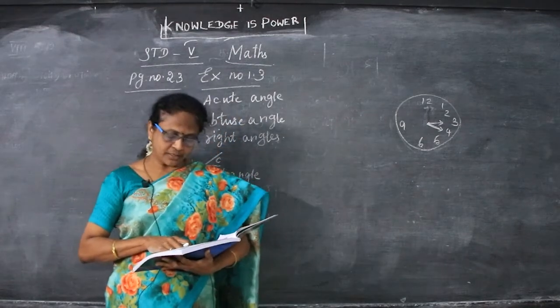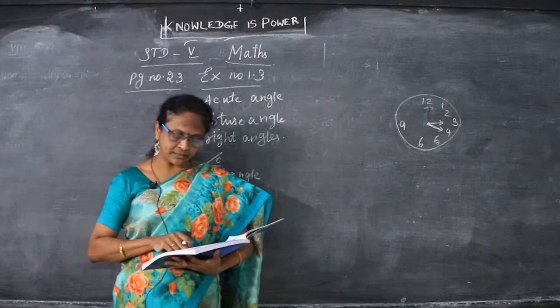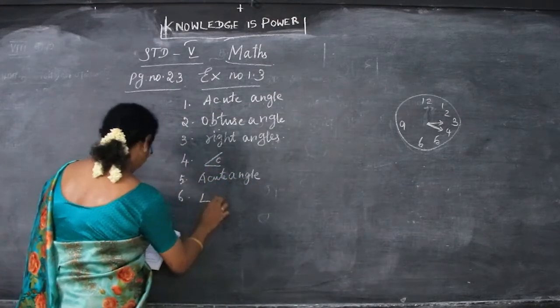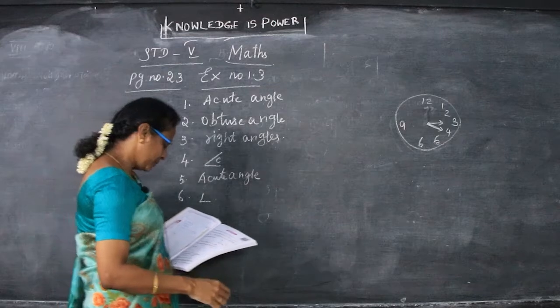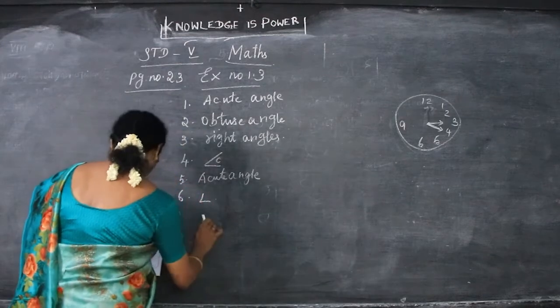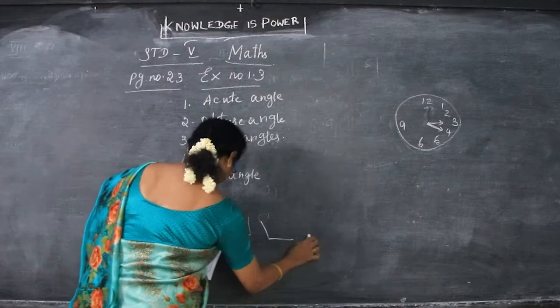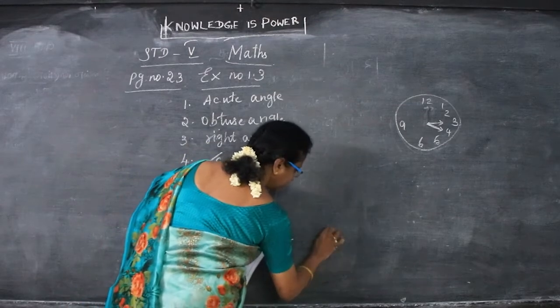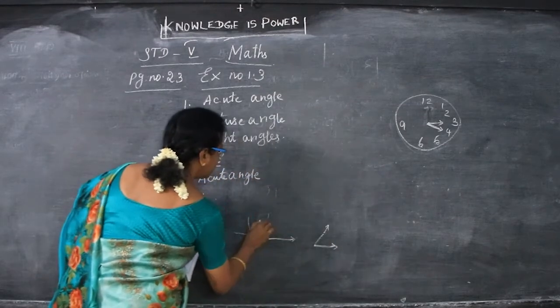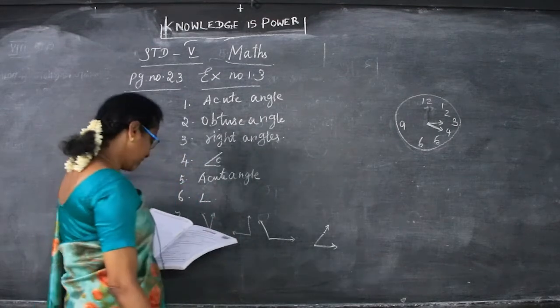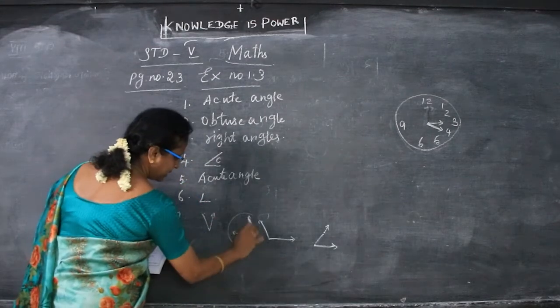Okay, children. Then which of the alphabets has a right angle in it? L, K, Z. That is L. And they have given some pictures like this for the 7th one. You can see this on page number 23. Circle the right angle. So this is the right angle.